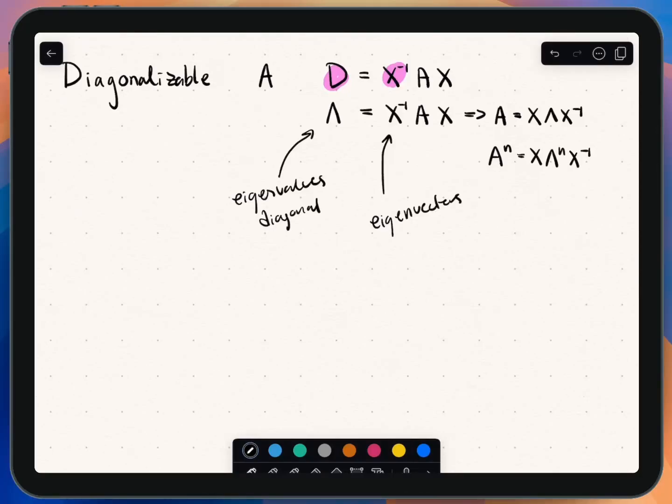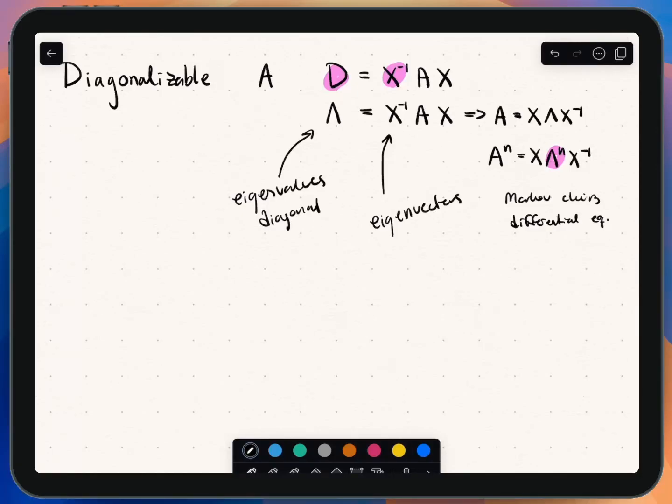Because lambda is a diagonal matrix, that just means that we're taking every entry on the diagonal to the nth power. So this way we can very quickly compute matrix powers, which has applications in, for example, Markov chains, differential equations, and a lot of other good stuff.